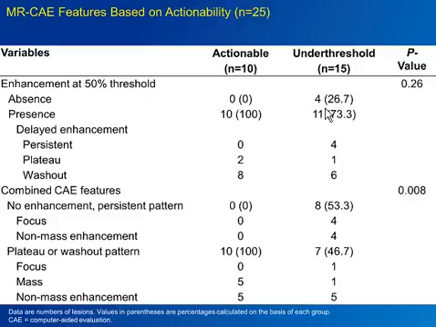Among the actionable cases, all lesions were enhanced with a 50% threshold and showed a plateau or washout delayed enhancement pattern. As a result, actionable findings were more likely to show the plateau or washout delayed enhancement pattern, and under-threshold findings were more likely not to show enhancement or to show the persistent delayed enhancement pattern, with statistical significance.